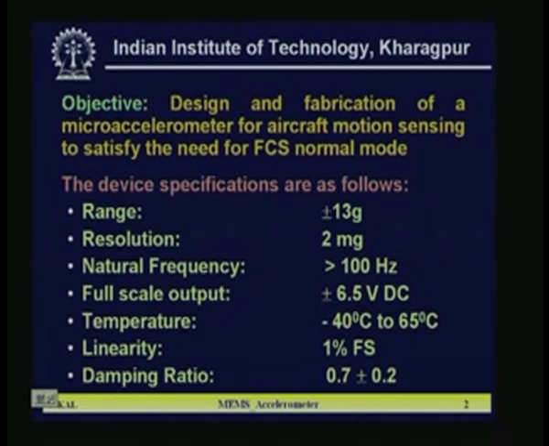Obviously, the output signal of a MEMS accelerometer may not be exactly 6.5 volt, it may be different. But since people are using 6.5 volt supply for control electronics in the case of conventional accelerometers, we will try to design for that 6.5 volt DC output. The MEMS device output will not be that much, so you have to amplify it to get that value.